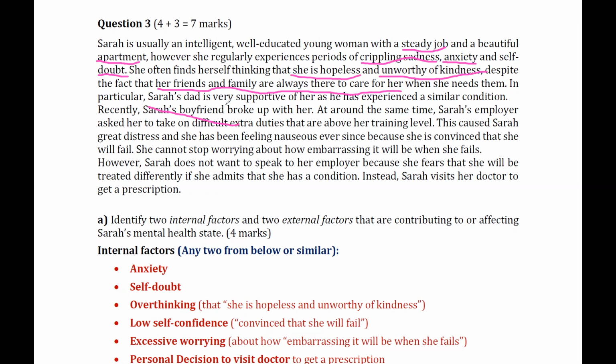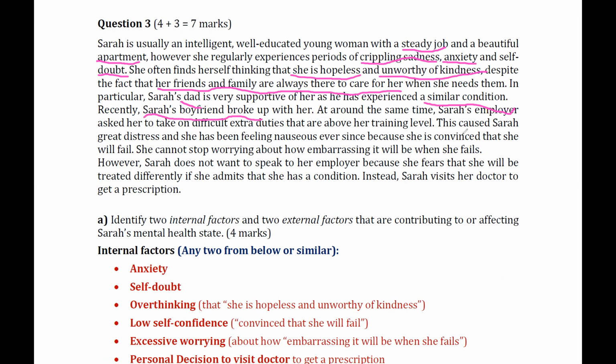Whoops, what did I just do? Hold on. Where's my eraser? Okay. Despite the fact that Sarah's dad is very supportive of her, as he has experienced a similar condition. And I should probably mention that. Dad and similar condition. Okay, recently Sarah's boyfriend broke up with her.